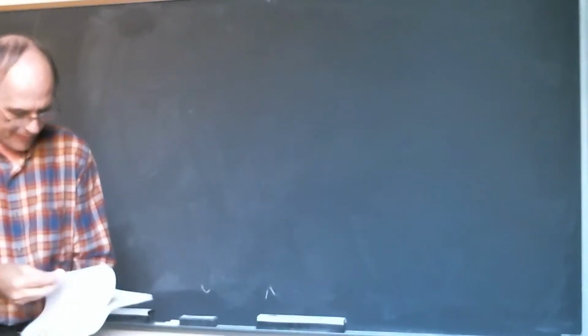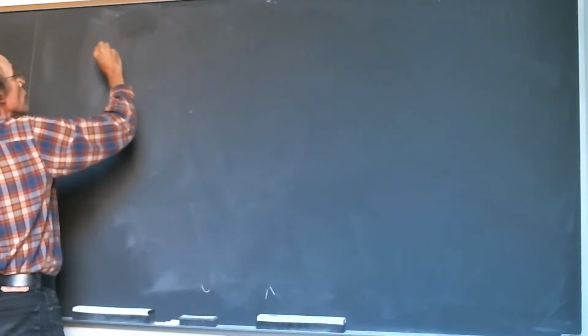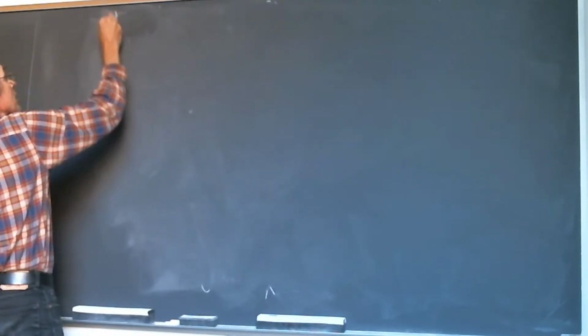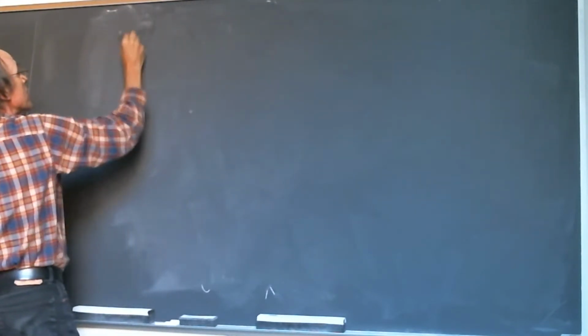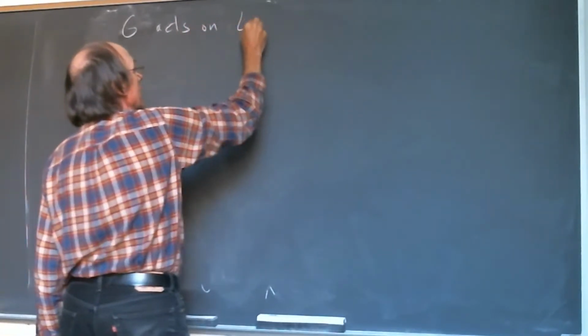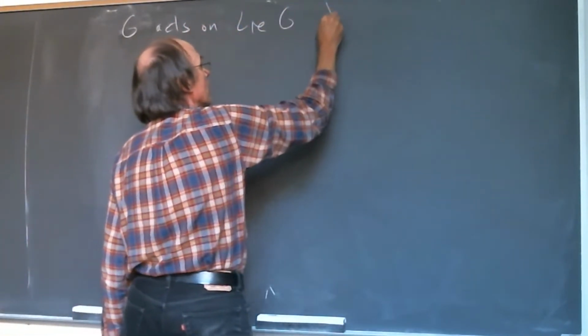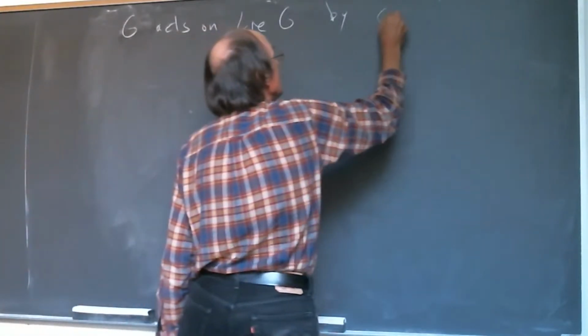So you have something called the adjoint representation. Let's just say it this way: G acts on the Lie algebra by conjugation.